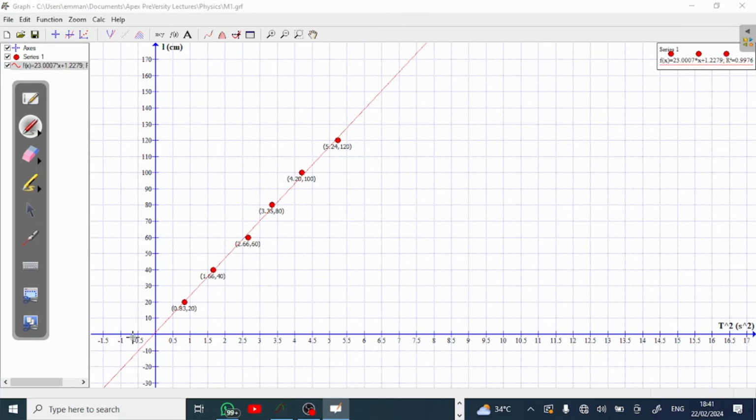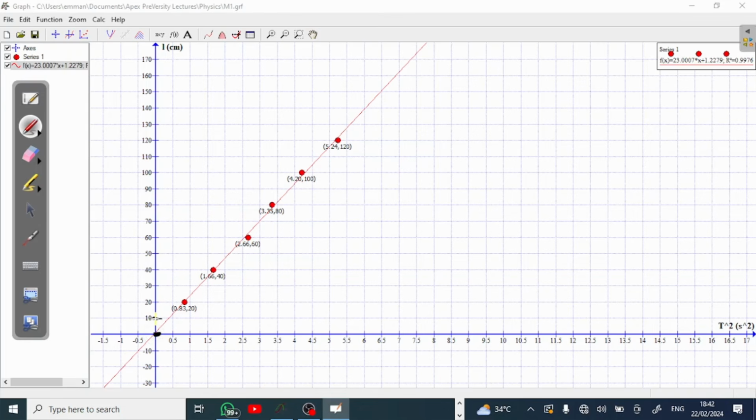If I look from the origin to this point here, what I have is 10. So for the scale, here is called the origin.